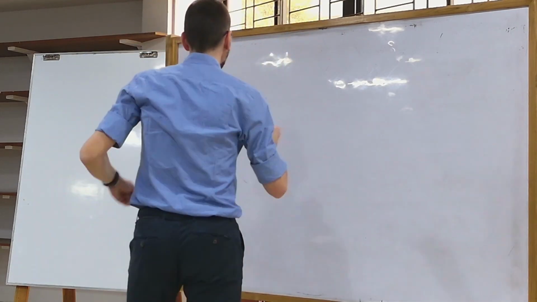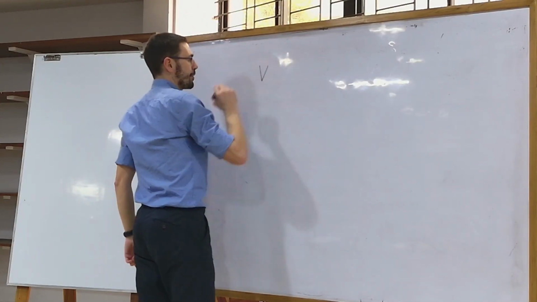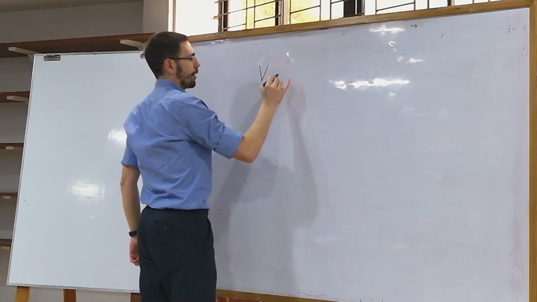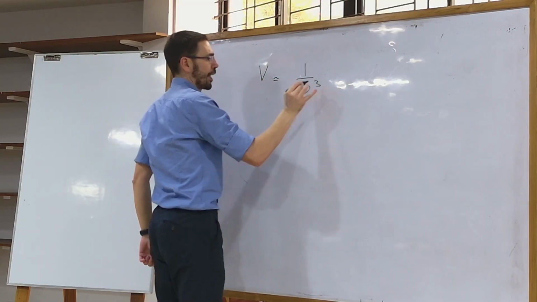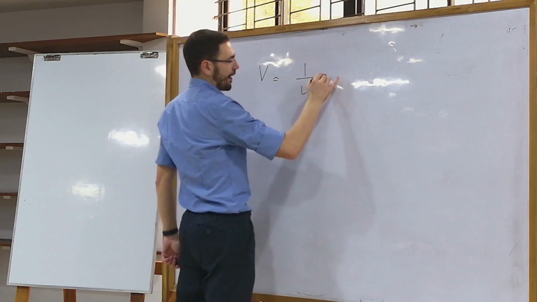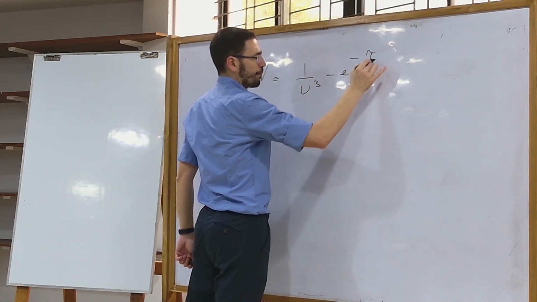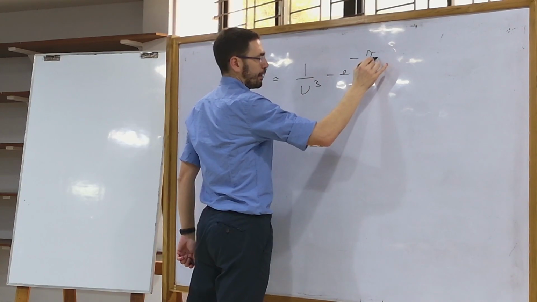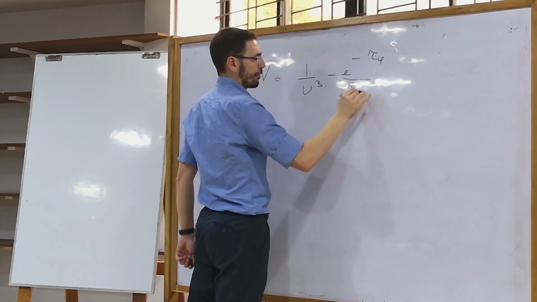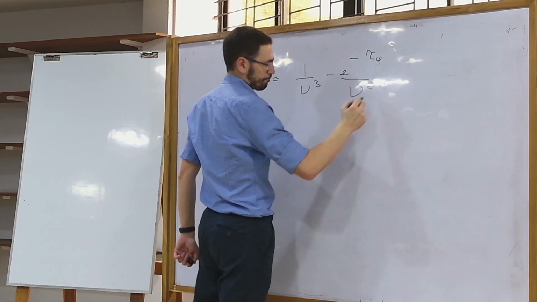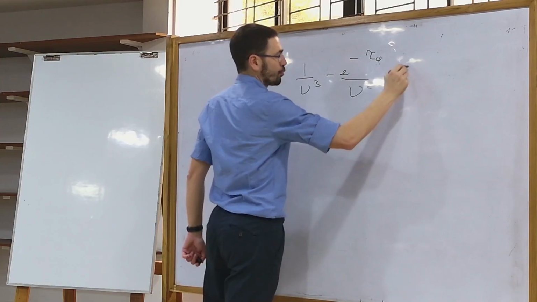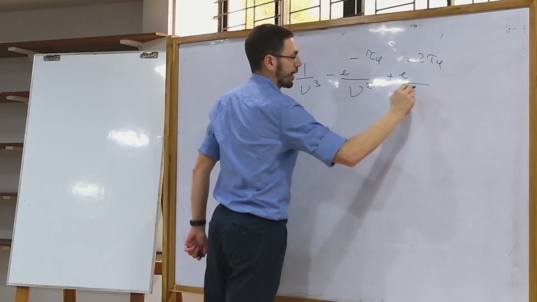But remember that you had a potential V that was going like, there were contributions like 1 over volume cubed. Then there were contributions like e to the minus tau phi divided by volume squared. And then there were also e to the minus 2 tau phi divided by the volume.